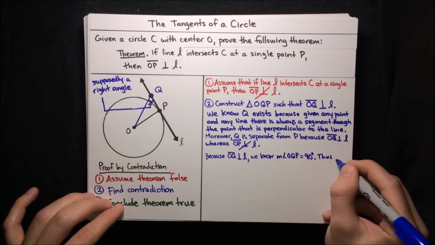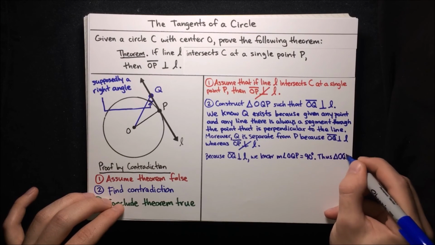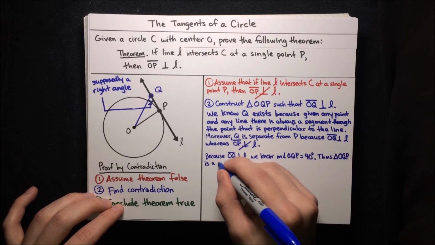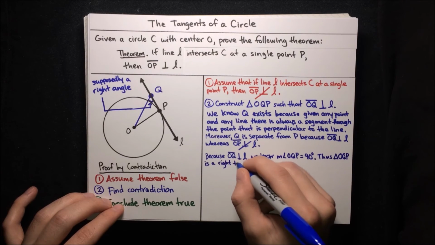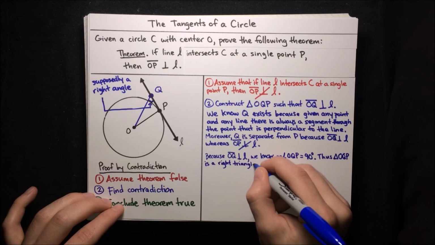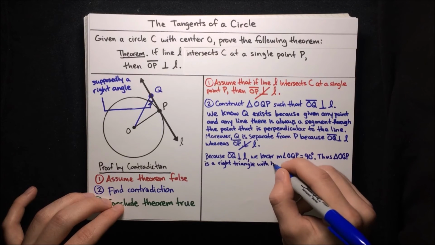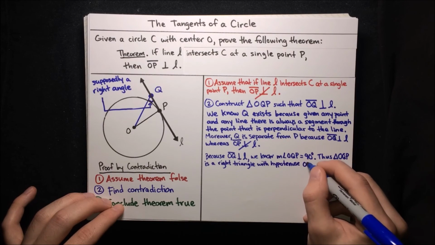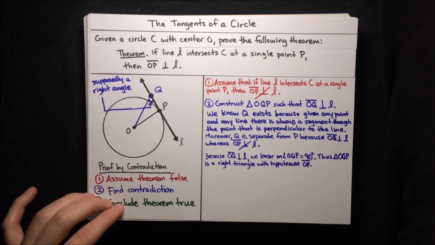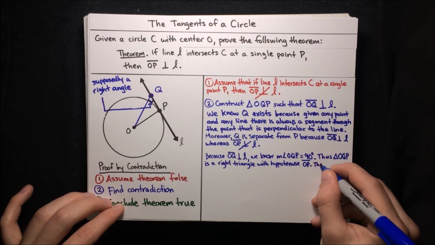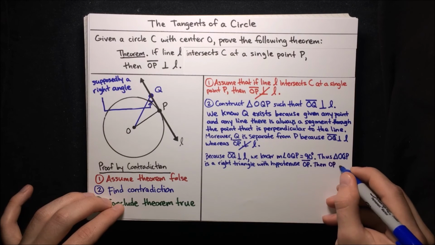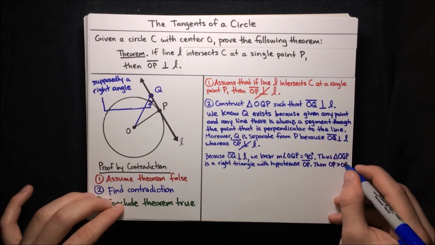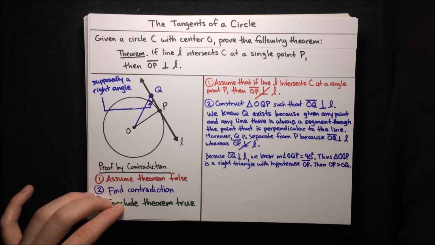And thus, triangle OQP is a right triangle with hypotenuse OP, because that's directly across from Q in the triangle. So that means the length of segment OP has to be longer than the length of segment OQ. So OP is greater than OQ. And that's just because the hypotenuse of a right triangle is always the longest side.